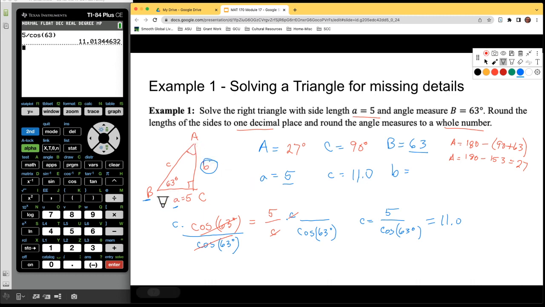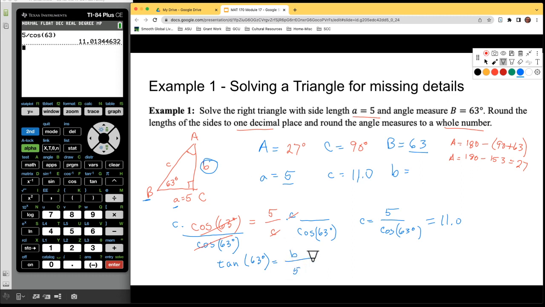But the way I'm going to do it is go with opposite over adjacent. So that's a tangent function. The tangent of 63 degrees is opposite, which is B, over adjacent, which is 5.